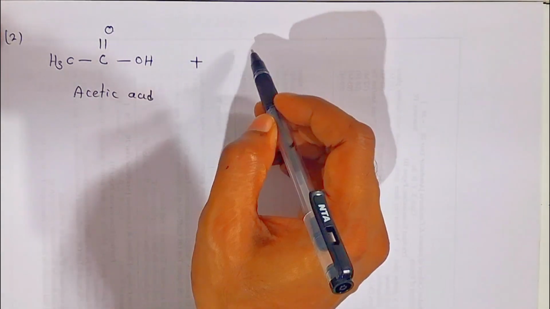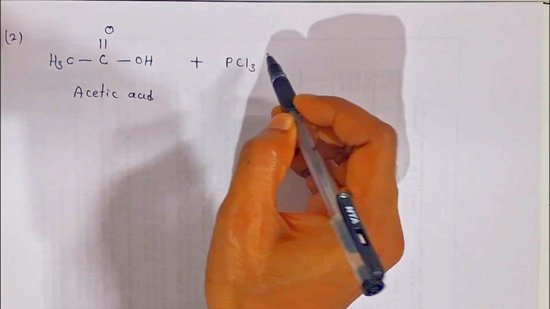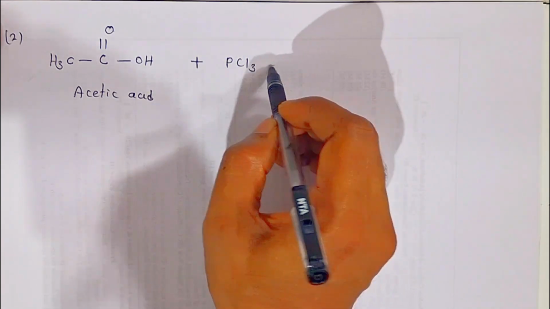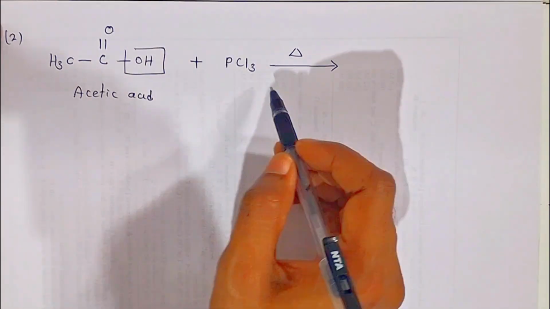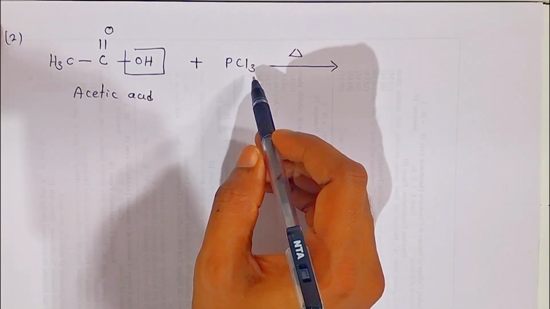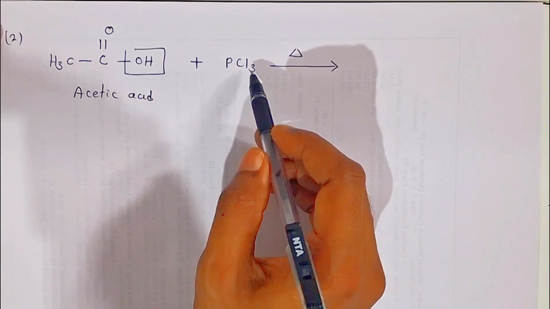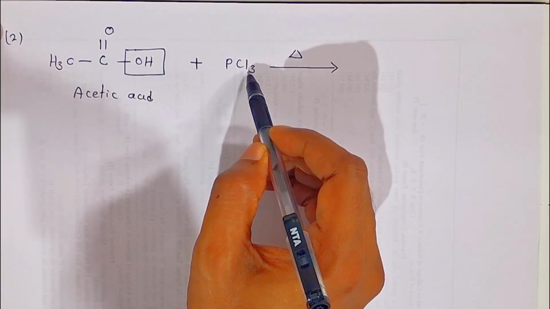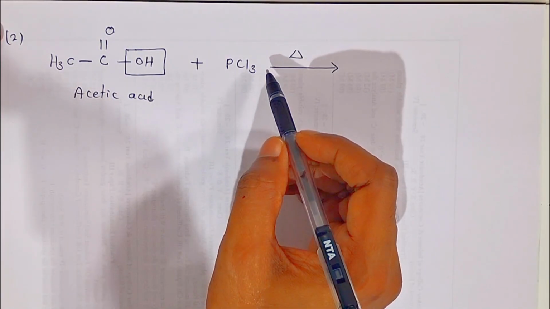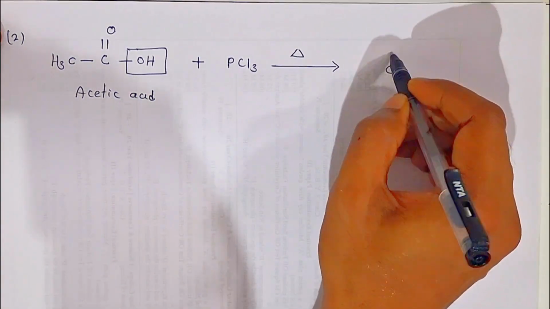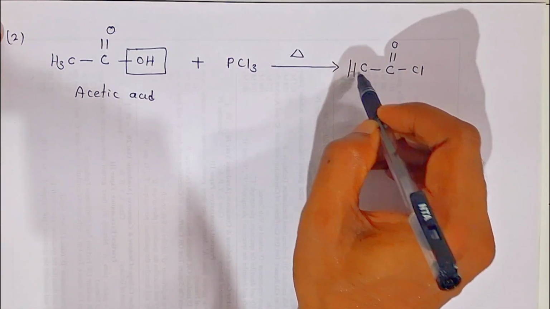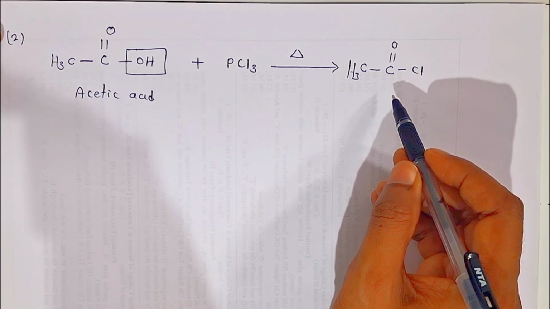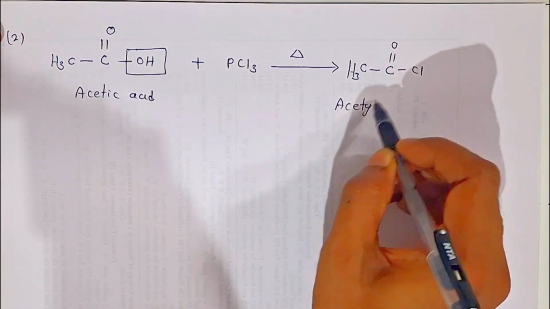When it is combined with phosphorus trichloride and you heat it, this hydroxyl group of acetic acid is replaced by chlorine of phosphorus trichloride. So here the hydroxyl group is replaced by chlorine, and this is methyl, so you are getting acetyl chloride.